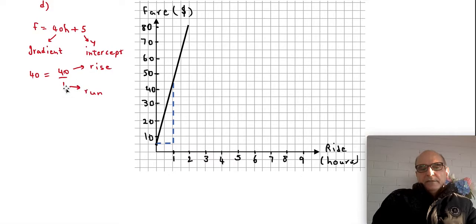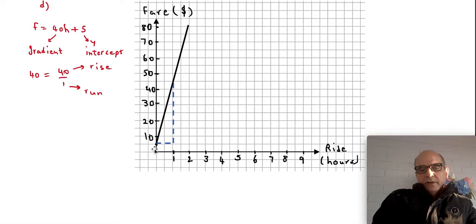So if you go across by 1, I need to go up by 40. If I start from any point on the line, and the only point we know so far, I go across by 1 and up by 40, I should get to a new point.